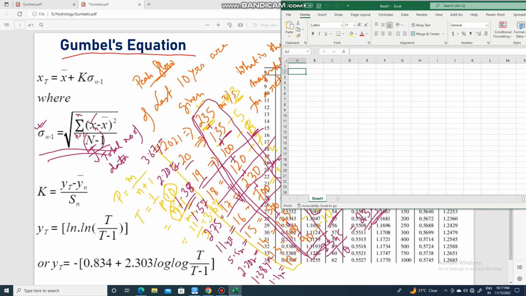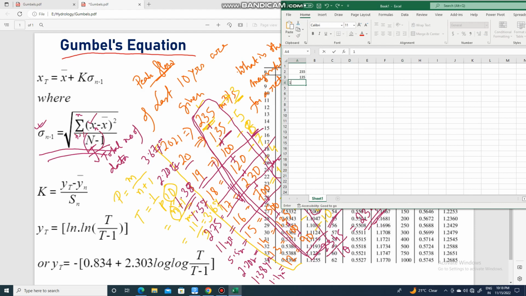Yes, so the first value is 235. Then it is 135.